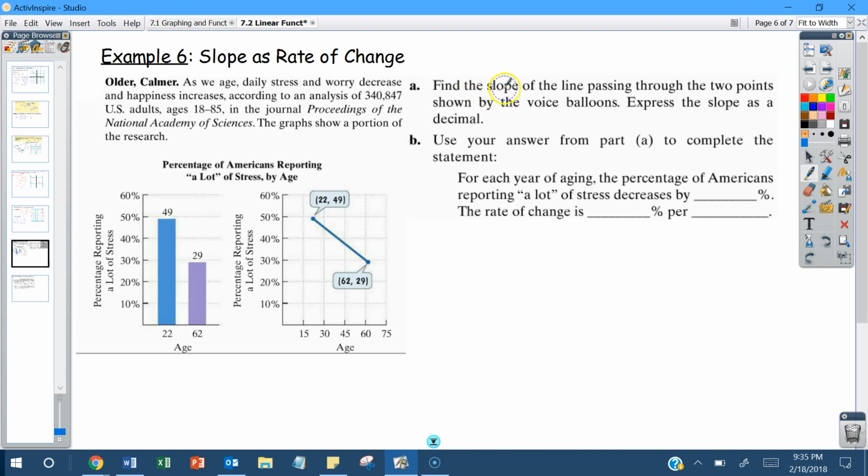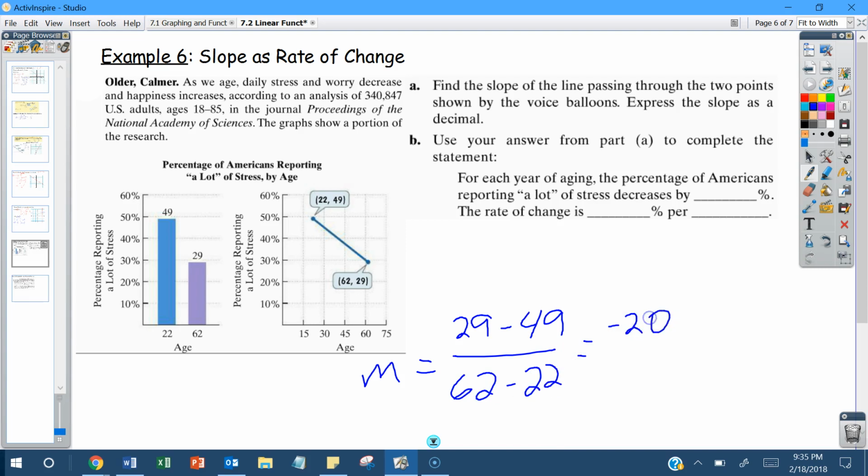The first part of this question says, go ahead and find the slope of the line passing through the 2 points. That's not hard. Let's call it x1, y1, x2, y2. In this case, our slope is equal to y2 minus y1 over x2 minus x1. This is going to be negative 20 over 40, which ends up being negative 1/2.